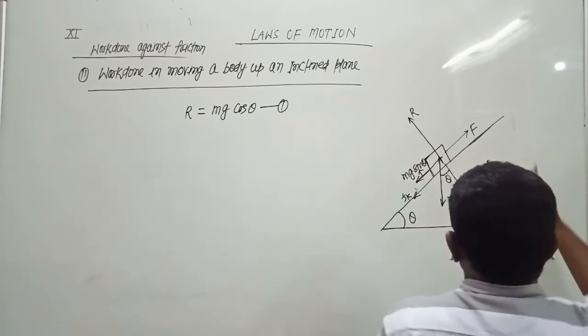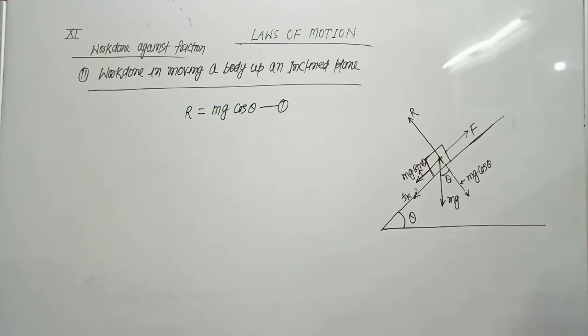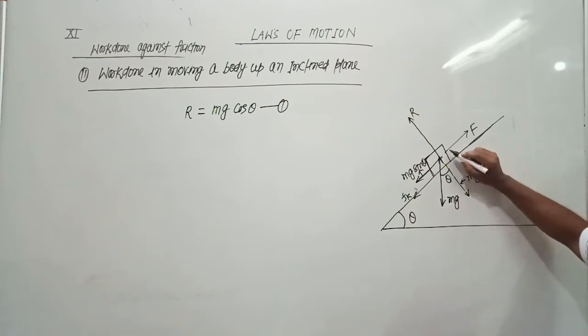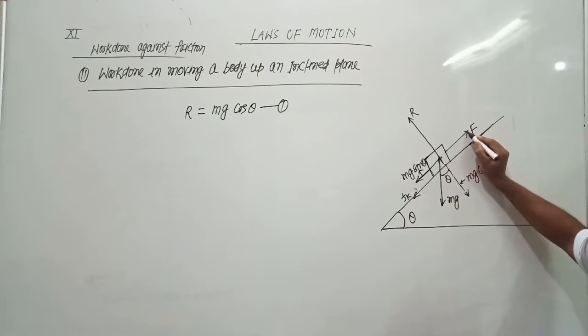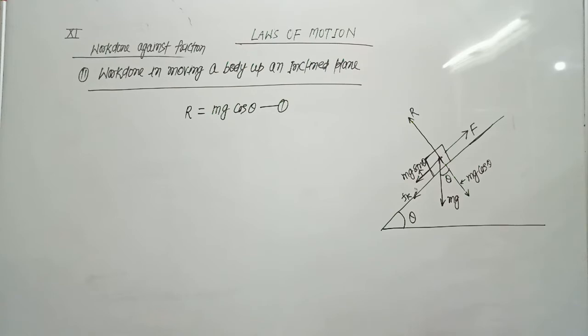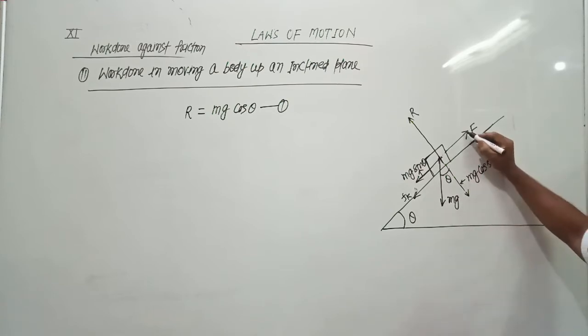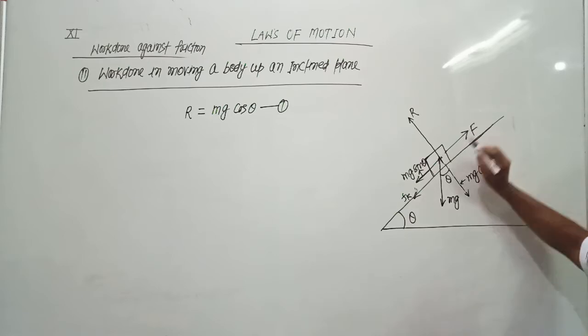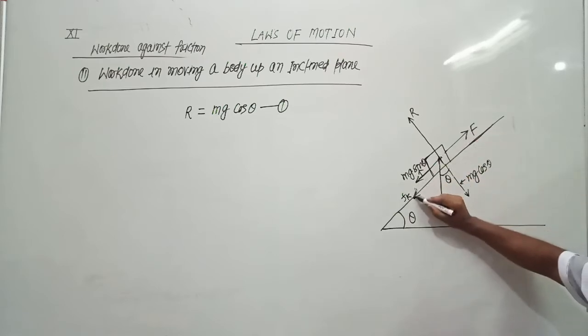Now, along the direction of the plane, the force acting in the forward direction is F, by which the body is moving up an inclined plane. And in the direction opposite to this force, there are two forces acting.